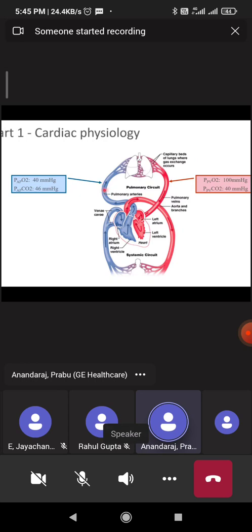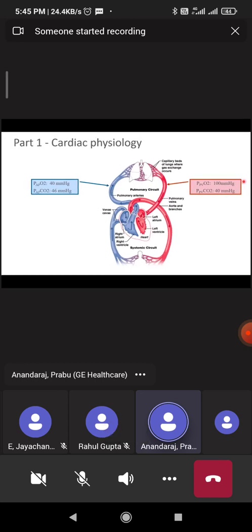So the blood collected from the vein will have less oxygen, whereas when you are taking the blood sample from the artery and sending it for ABG analysis, you can see a value of about 100 millimeters of mercury. The venous system is about 60 millimeters of mercury.